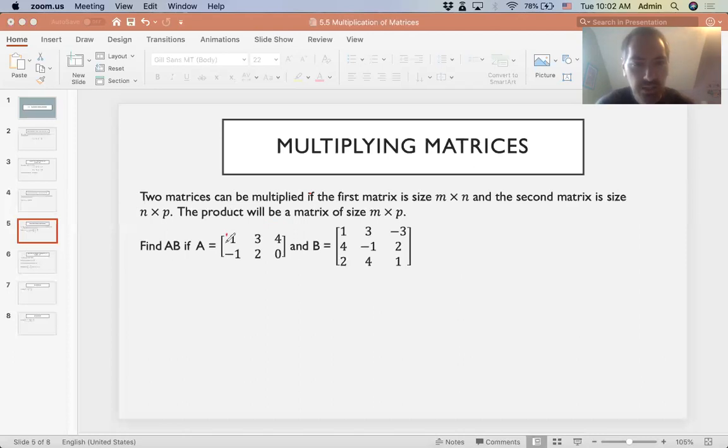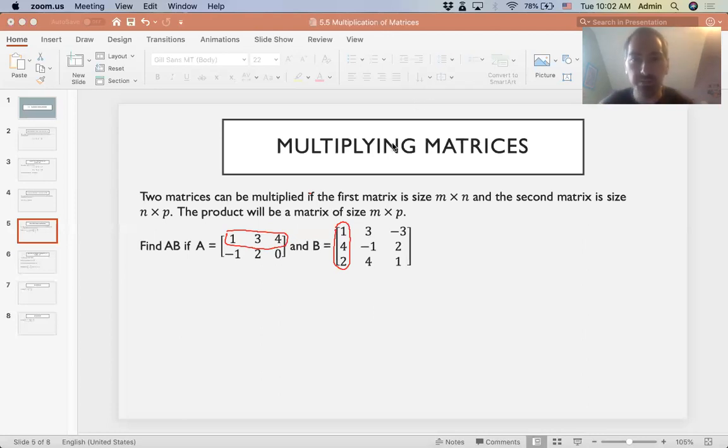I'm taking the first row in matrix A and multiplying it by each column in matrix B. Each time I multiply that row by a column, that becomes a corresponding entry in the resulting matrix.